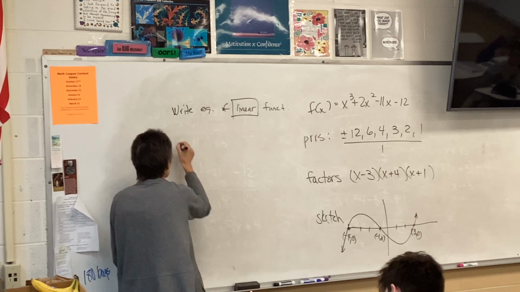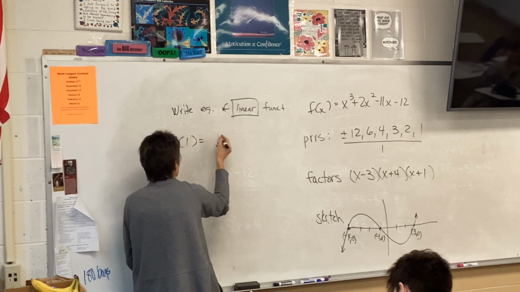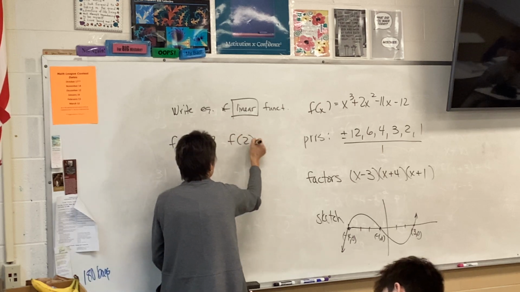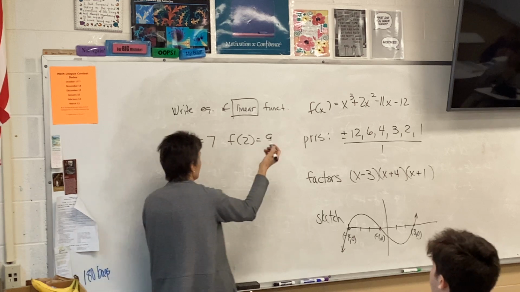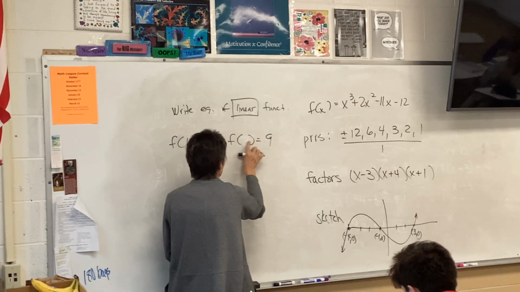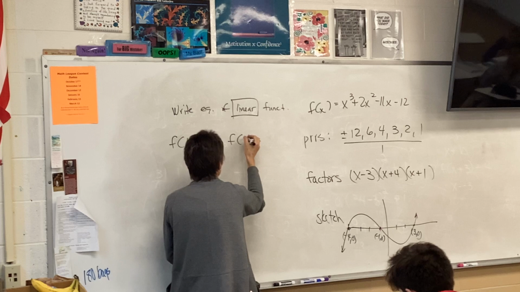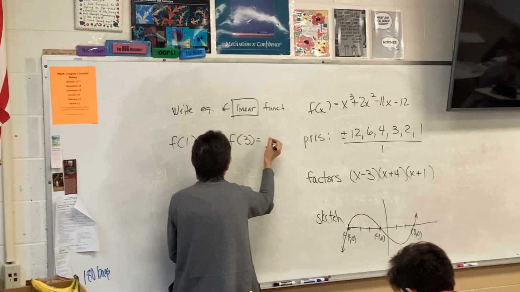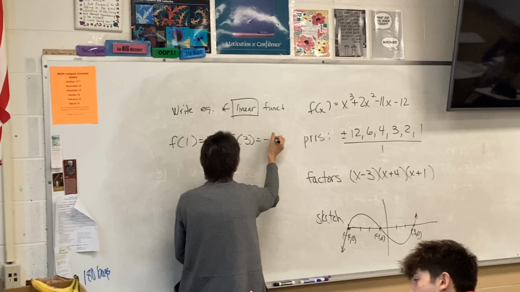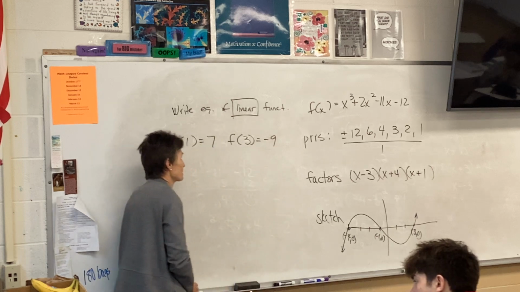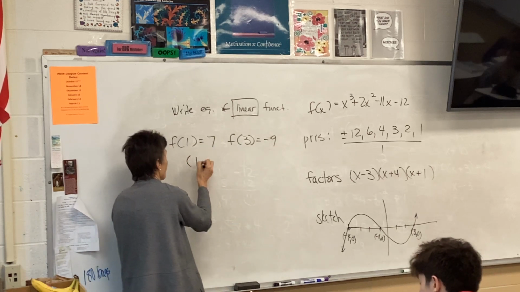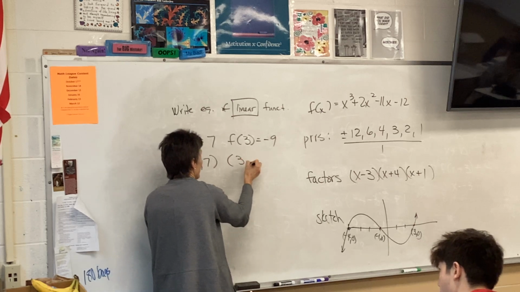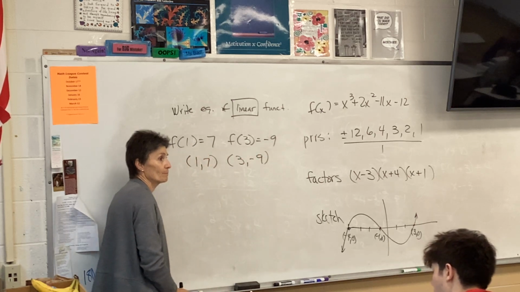All right, so here are the 2 points. Let me mix it up a little bit. My points are 1 comma 7 and 3 comma negative 9.